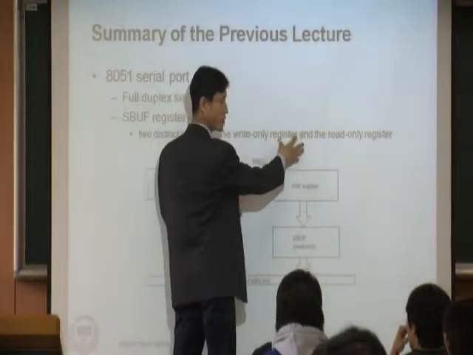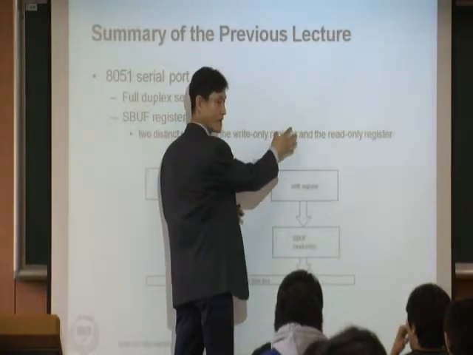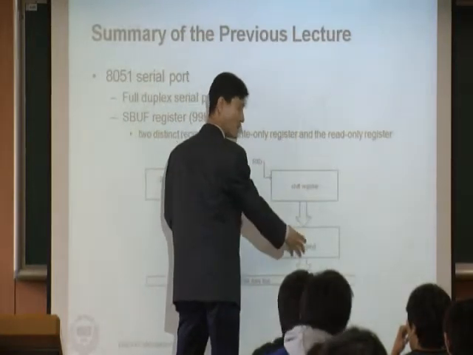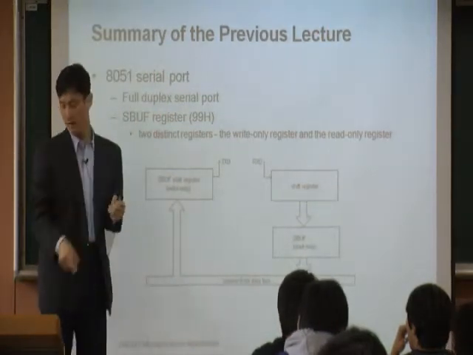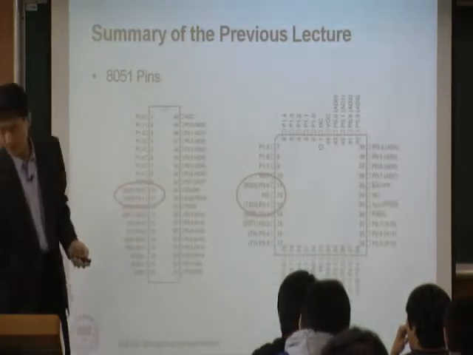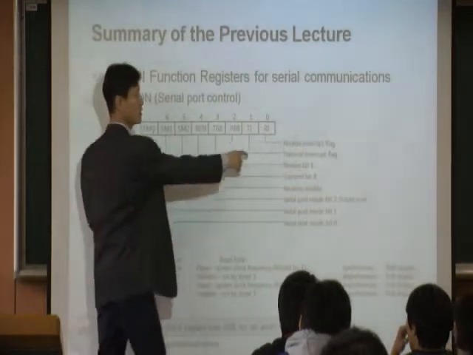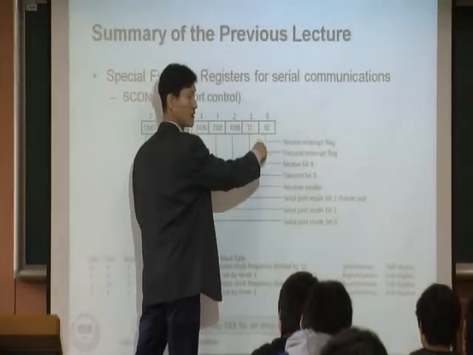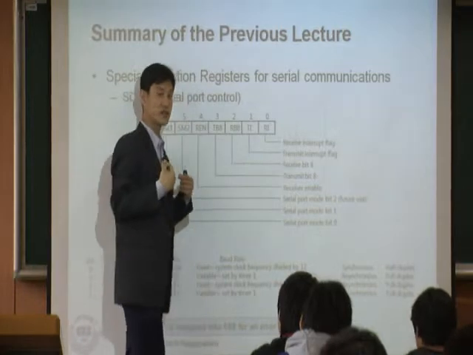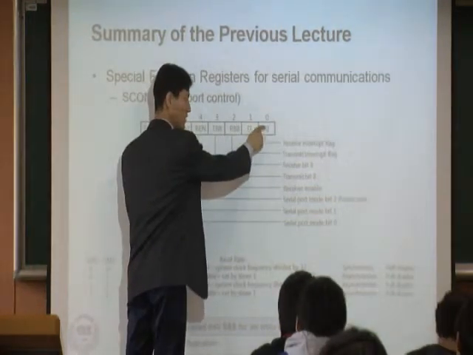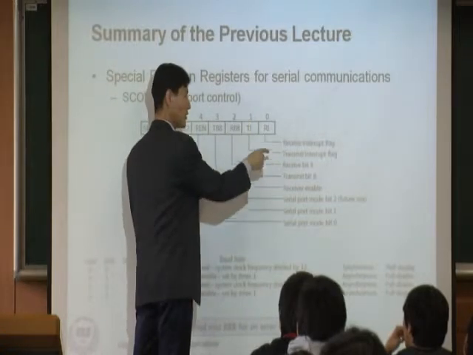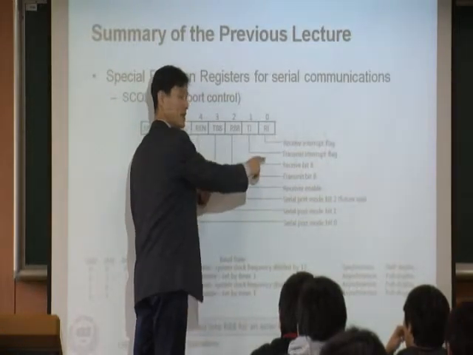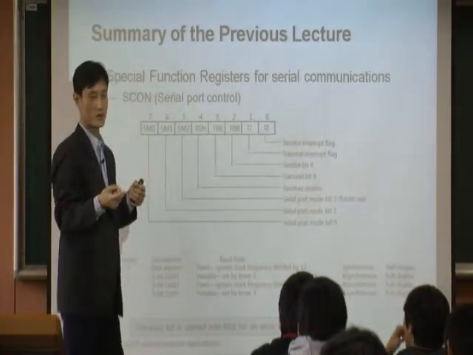Once the hardware successfully writes the C value into SBUF, then the hardware will make the RI bit 1. So what the software has to do is watch this RI bit. Initially it's 0, but at some point the RI bit becomes 1.